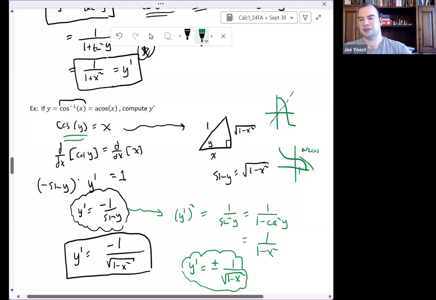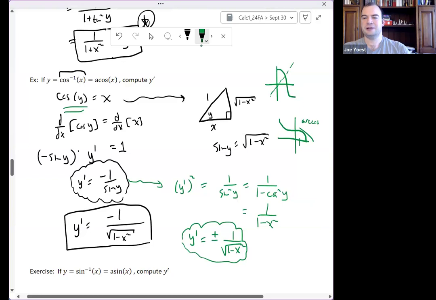Clearly, if I pick an x, it's going to have some slope. It's not going to be plus or minus that slope. I can pretty clearly see that the slope has got to be negative just by looking at the pictures. That's not a very good proof. We would probably have to do a little more work to argue this, but we can see that it's going to be the negative slope.